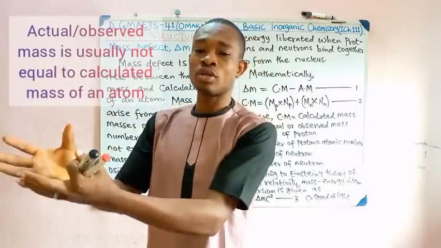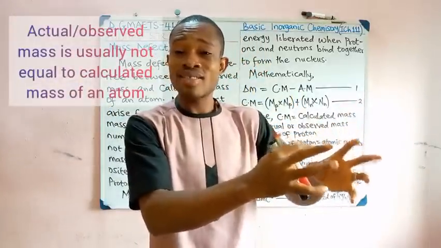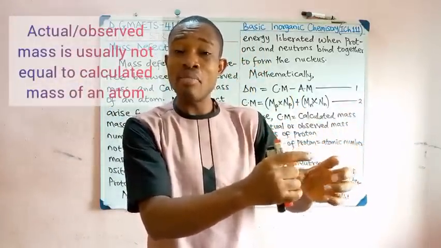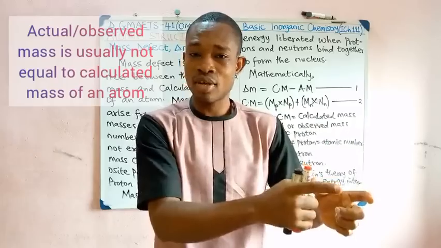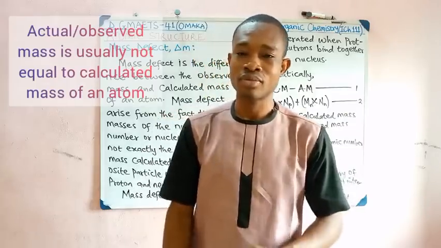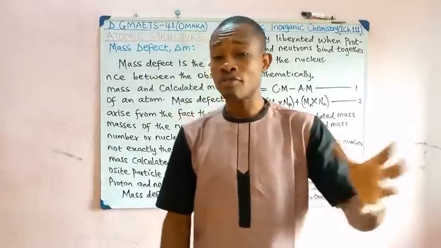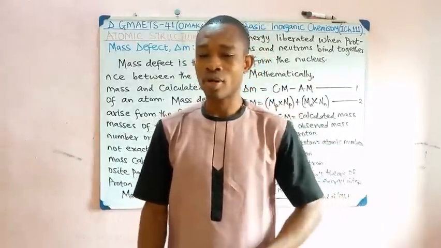When you do that calculation and compare it to the mass number measured using the spectrometer, these two masses are not equal. And that is the concept of mass defect. It was observed with helium before.